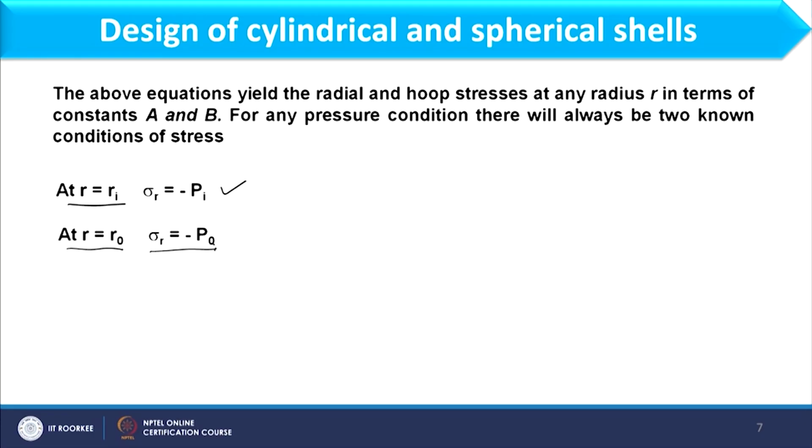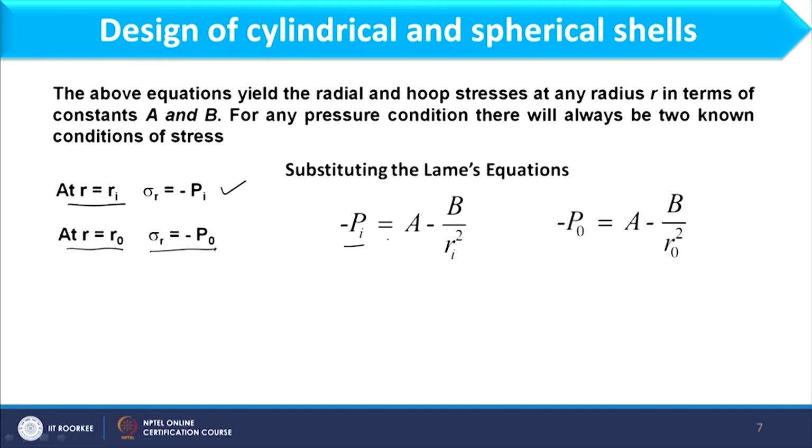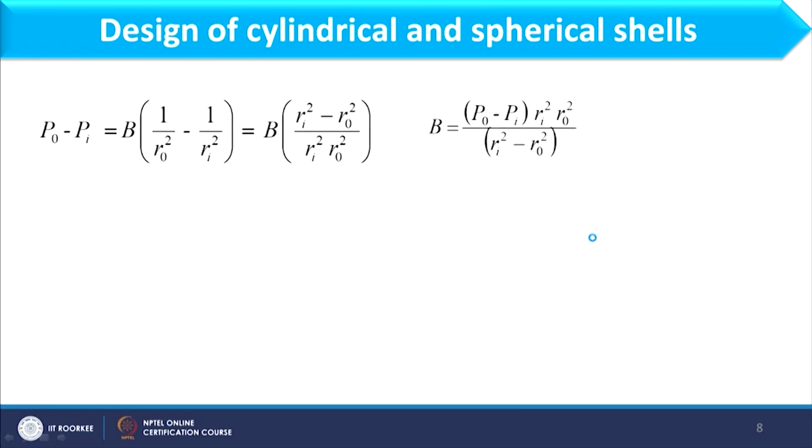So putting these conditions in Lame's equation, we can write equations for internal pressure as well as external pressure like this, and further we can resolve these equations to find the expressions for b as well as a, as mentioned over here.